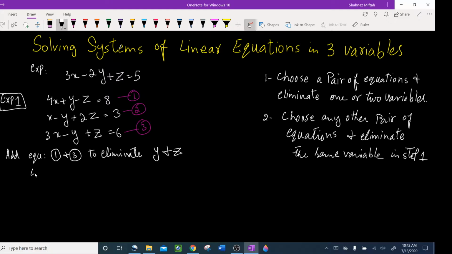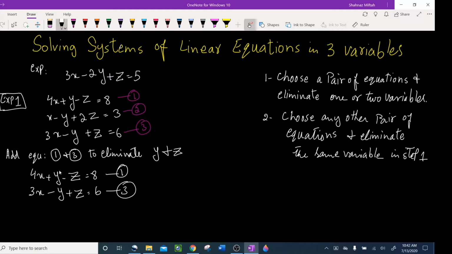So I have 4x plus y minus z equals 8. That's my first equation. And then I have the third one, 3x minus y plus z equals 6. So that's my first, that's my third.